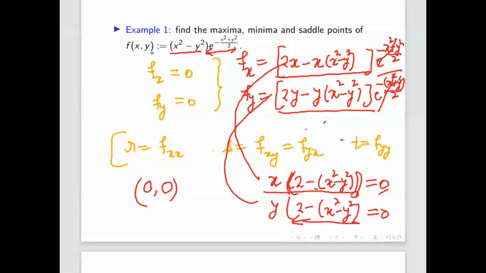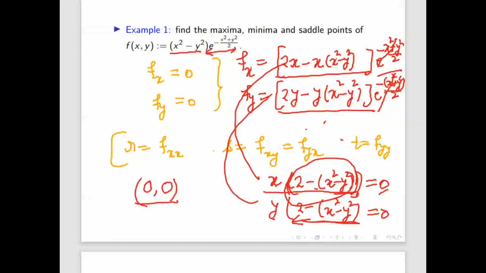If x equal to 0, we put it here and get y equal to 0; 0 comma 0 is satisfying both. Give me some other point. At x equal to 0, what will this give? y equal to plus or minus root 2.